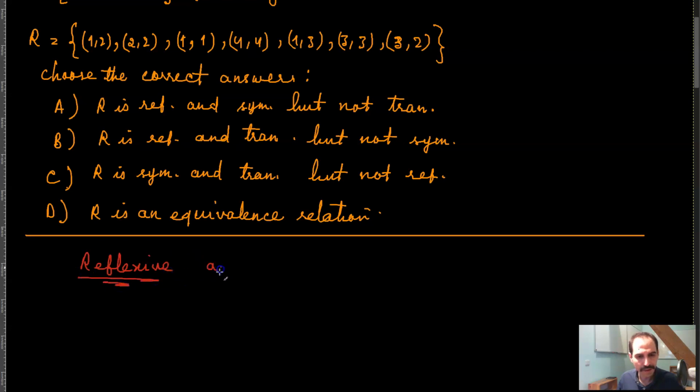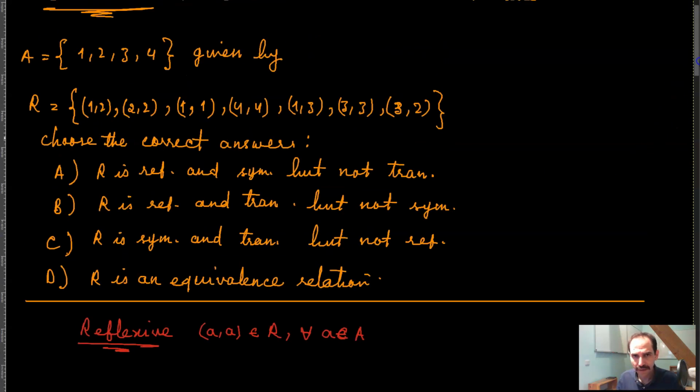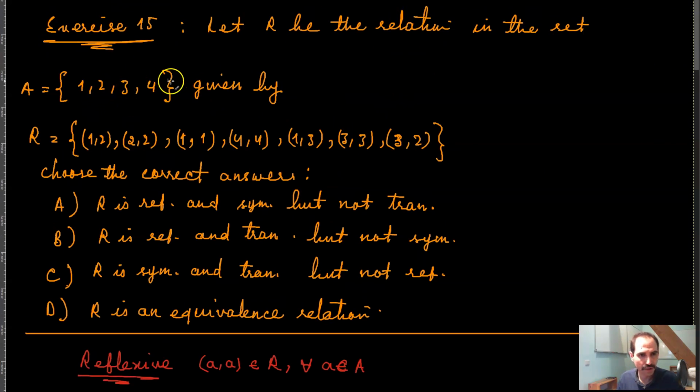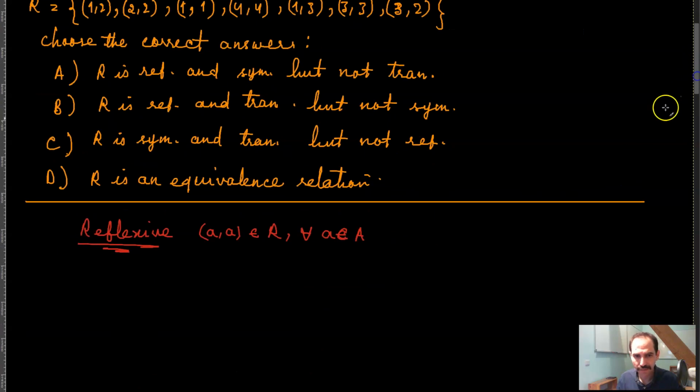The condition for that is that (a, a) has to belong to R for all a belonging to A. Since A has 1, 2, 3, and 4, (1, 1) has to be there, (2, 2) has to be there, (3, 3) has to be there, and (4, 4) has to be there. So R is reflexive.